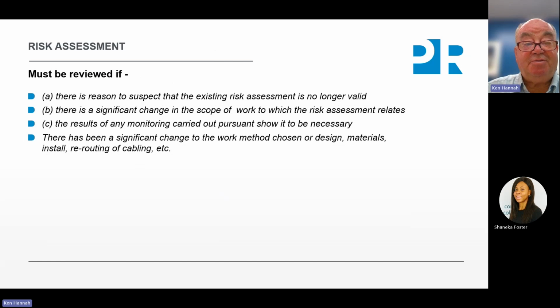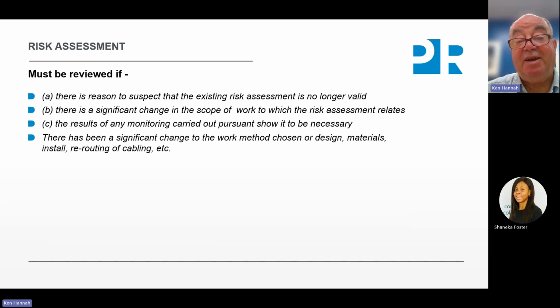So the risk assessment for whether or not there is likely to be asbestos present before you carry out the R&D survey must be reviewed if there's reason to suspect that the existing risk assessment is no longer valid for any reason, or if there's a significant change in the scope of work to which the risk assessment related. So it may be that an additional room or area is added to the scope of works.